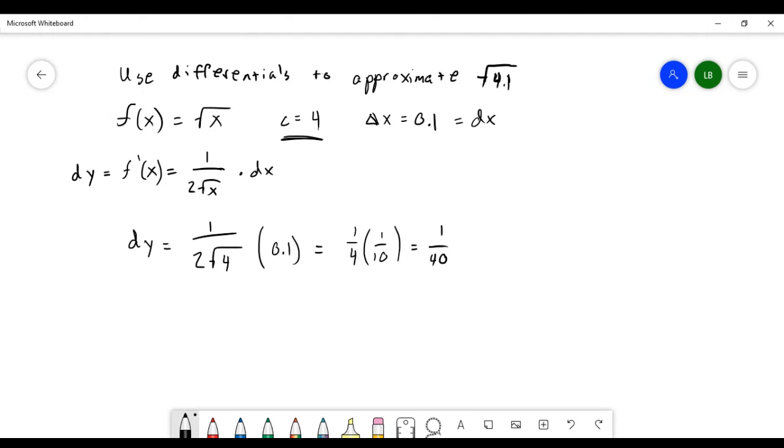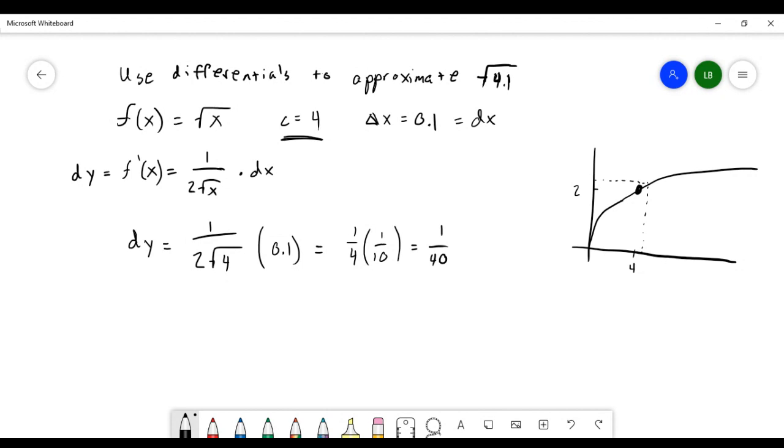And essentially, if we drew out a function graph, basically what we're doing is we have our point here, and this is at exactly 4. And we know that it has a y value of 2. We're saying 4.1 is very close to 4.